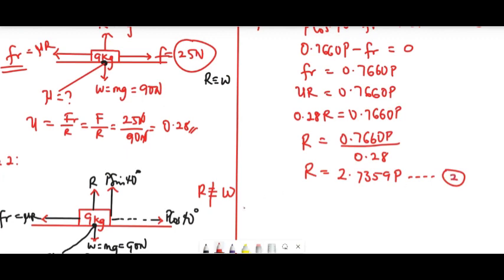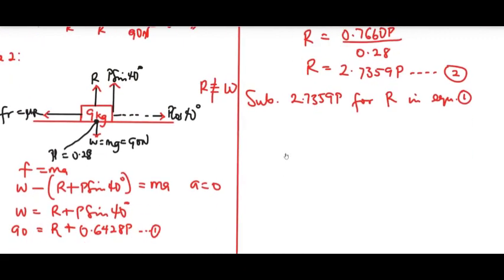What am I going to have? I will substitute 2.7359P for R in equation 1. What's my equation 1? My equation 1 says 90 equals R plus 0.6428P.